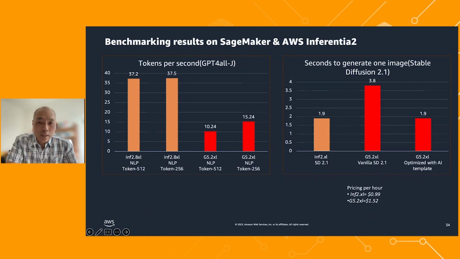And likewise with latency, when it comes to generating images for a computer vision model such as Stable Diffusion, we provide exactly the same latency in terms of image generation when compared to a competitive GPU instance, but at a fraction of the cost.